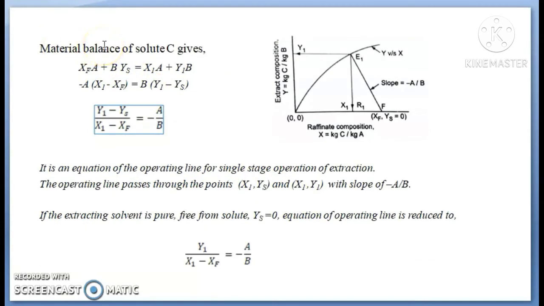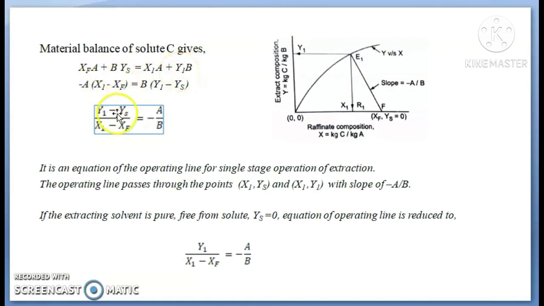If you make the material balance of the solute C, it is written as input equal to output. Input means, in terms of the feed solution, the concentration of the solute in the feed solution written as XF into A, plus the concentration of the solute C in the solvent in the form of B into YS, equal to the concentration of the solute C in the raffinate phase plus the concentration of the solute C in the extract phase.